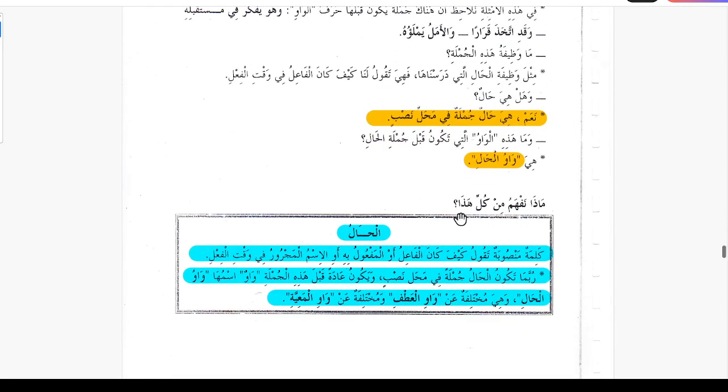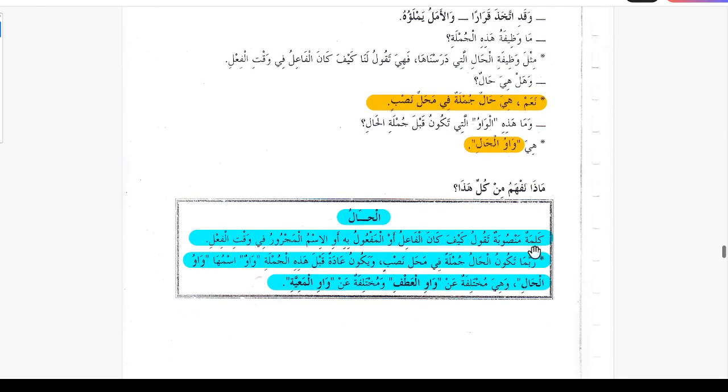ماذا نفهم من كل هذا, what do we understand from all this? So الحال, here is the summary of it. كلمة منصوبة تقول كيف كان الفاعل or مفعول به or اسم مجرور في وقت الفعل. This is a mansoob word which tells us the state or the condition of the fa'il or maf'ul bihi or ism majroor at the time of the action. ربما تكون الحال جملة في محل نصب, and normally before this sentence there is a waw called واو الحال.